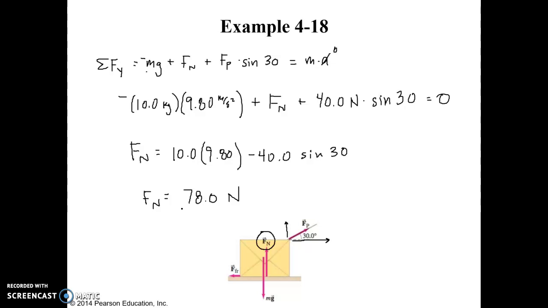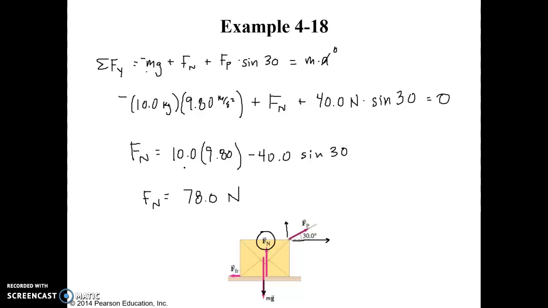What we have done so far is we have found the normal force. The normal force is the force that the surface pushes back against the box. And it's not just equal to the weight in this case, because that's not the only force in the vertical direction. We are also slightly lifting the box up with this pulling force, so that reduces the normal force.